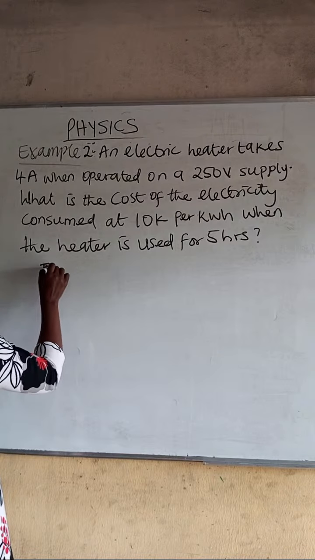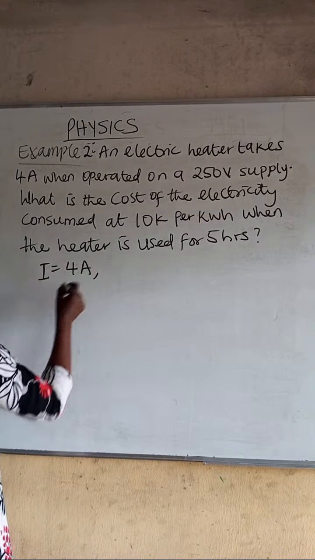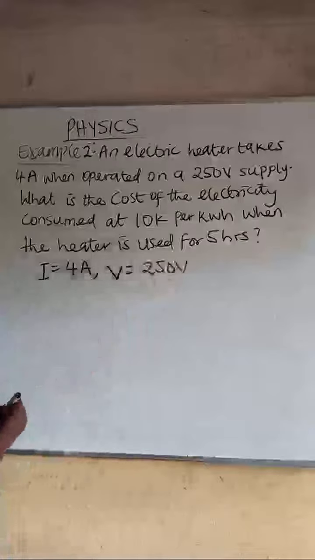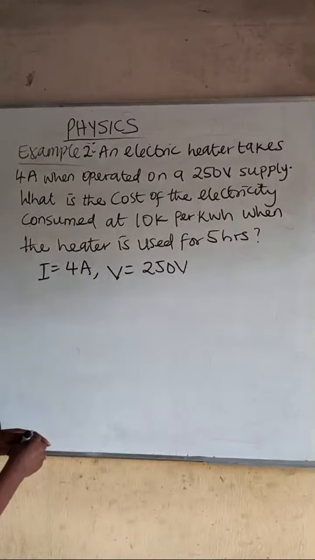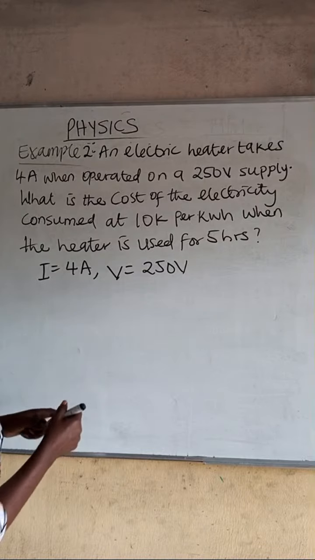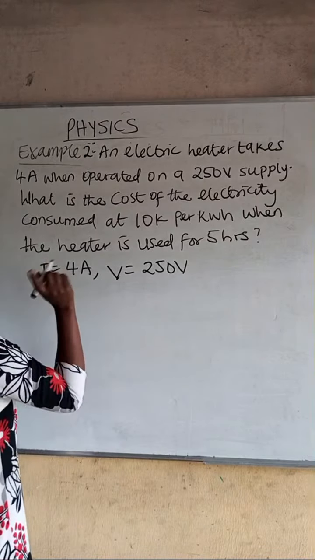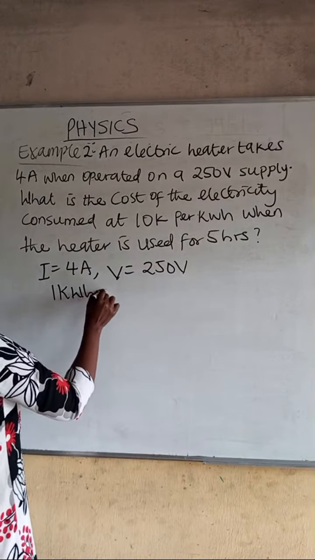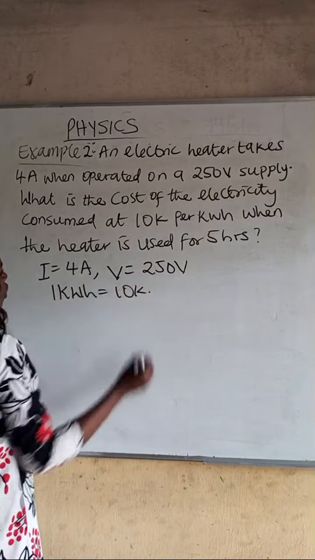So my current is 4 amperes, and the voltage is 250 volts. The electricity was consumed at 10 kobo per kilowatt hour, so 1 kilowatt hour is equal to 10 kobo.